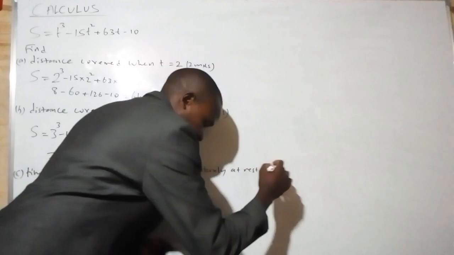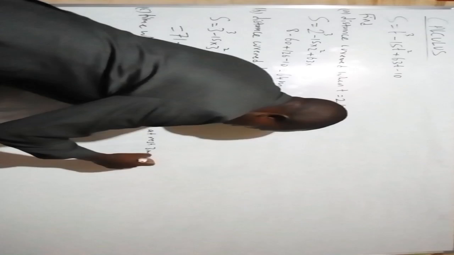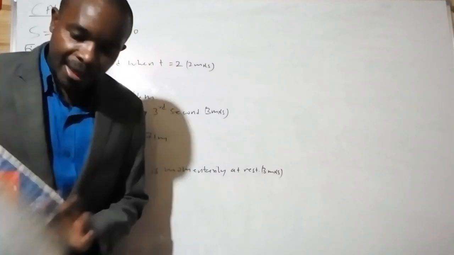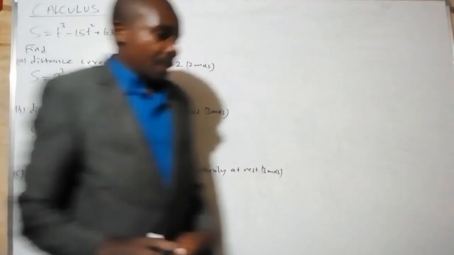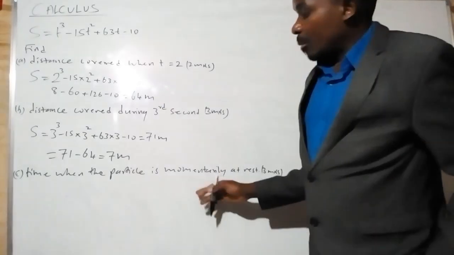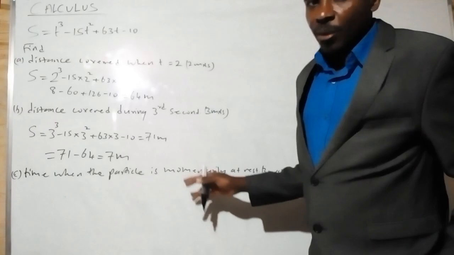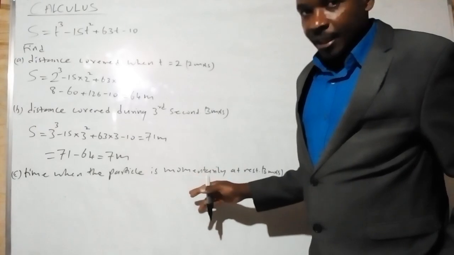And here you are going to say that we know that the particle is momentarily at rest when v is equal to 0. That is, the speed is 0. This is how we go about it.